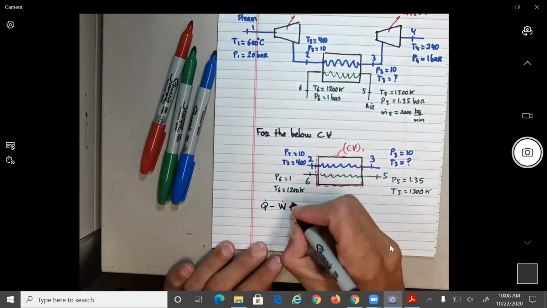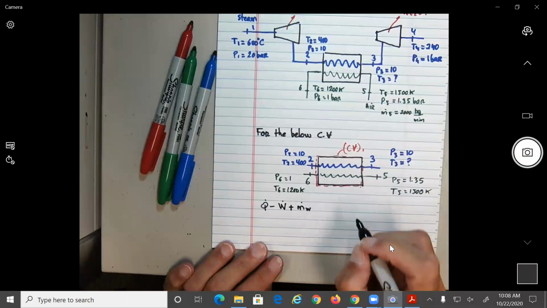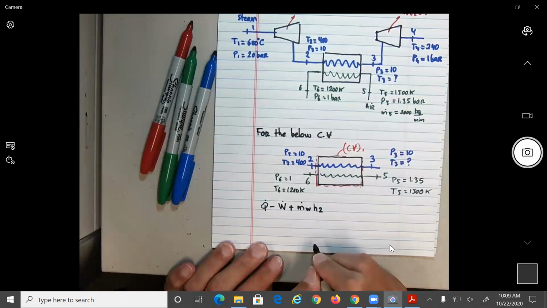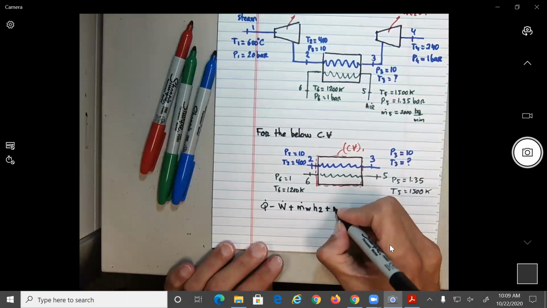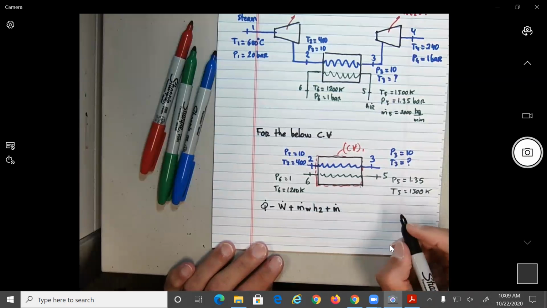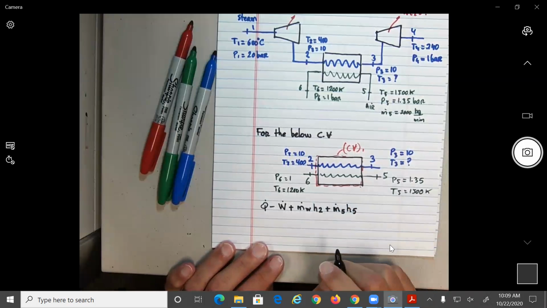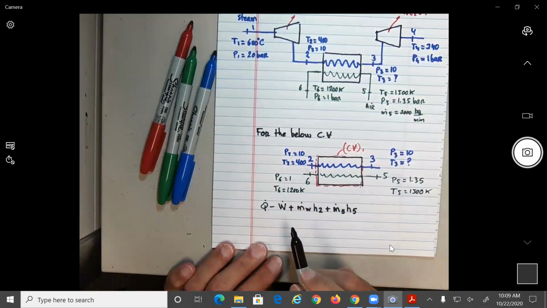The mass flow of the water, m_w dot, times H2 coming in. What else is coming in? Plus the mass flow of the air, which is the green one, M5, H5. So this is coming in going this way, and this is coming in.